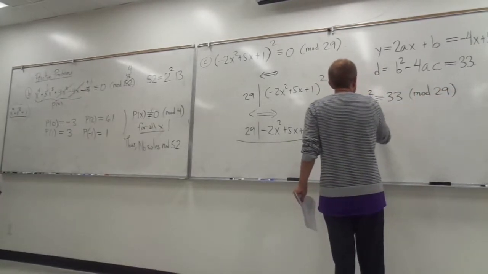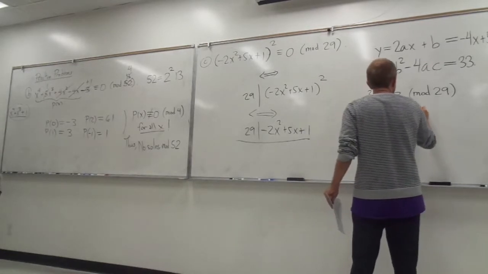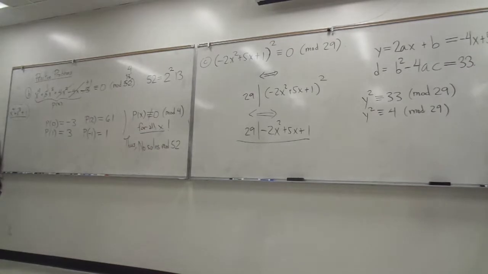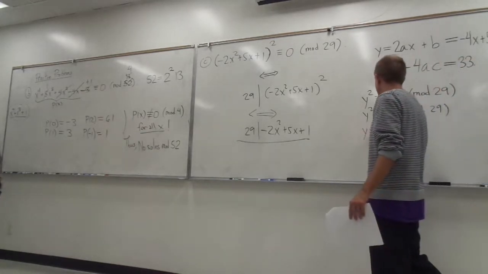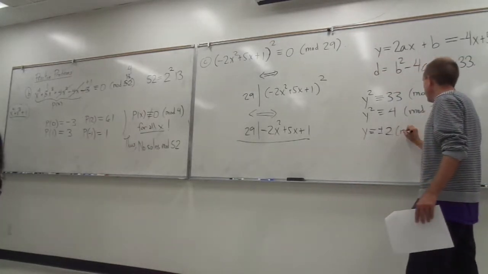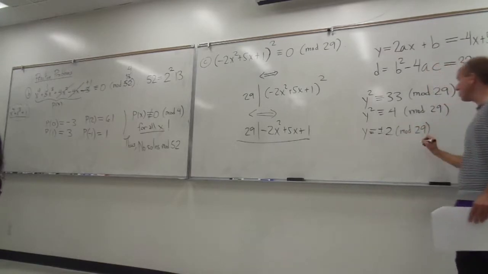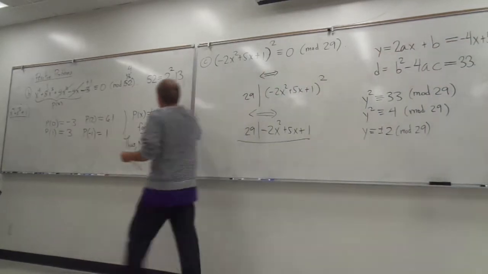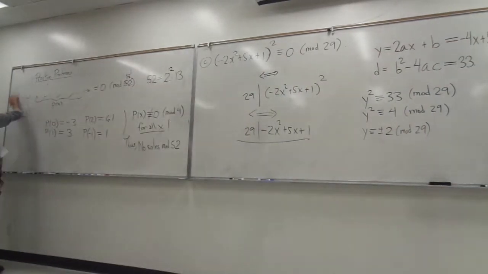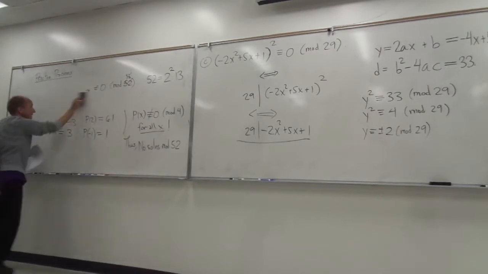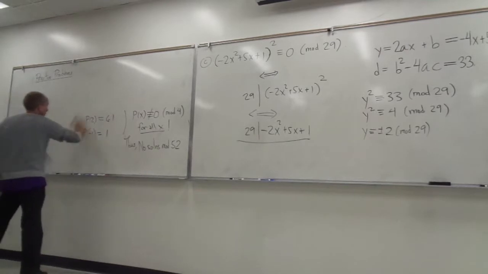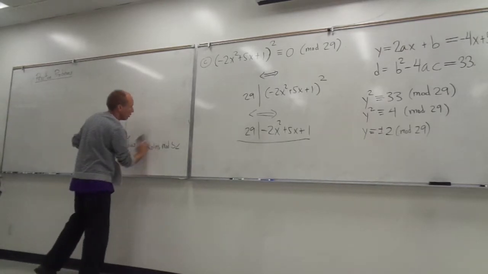So the first question is, is y squared congruent to 33 mod 29? Well, I can reduce that to a 4, right? Is there any solution to this? Definitely. What are the solutions? Plus or minus 2. Very good. So y is equal to plus or minus 2 mod 29. And then from there, we can hopefully go back and figure out what x is. We have 2ax plus b, which is negative 4x plus 5, and we're going to be setting that equal to our y value.